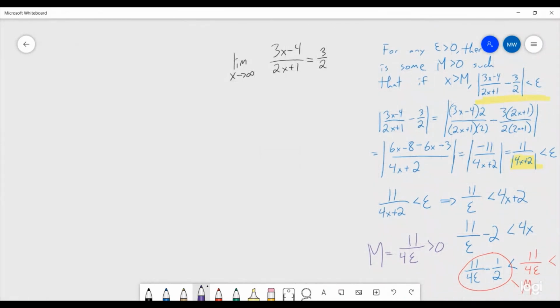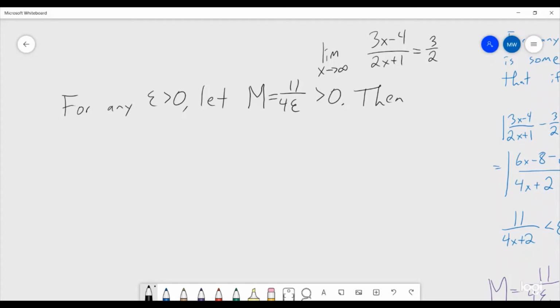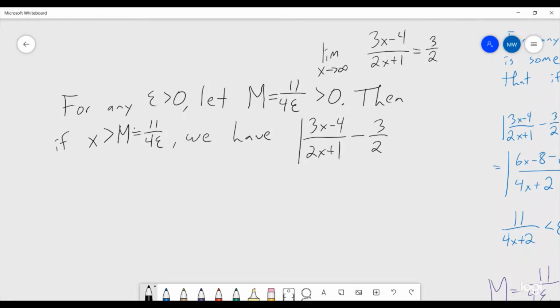So, going back to our proof of this part, for any epsilon greater than 0, let M be equal to 11 over 4 epsilon, and this is bigger than 0. Then, if x is greater than M, which is equal to 11 over 4 epsilon, we're going to look at the absolute value of (3x minus 4) over (2x plus 1) minus 3 over 2.